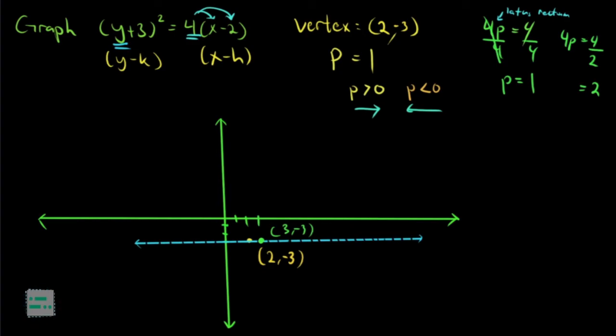So, bilang tayo. 1, 2. Ito yung isang endpoint. Pwede mo yun i-locate. So, this is located at 3, negative 1.